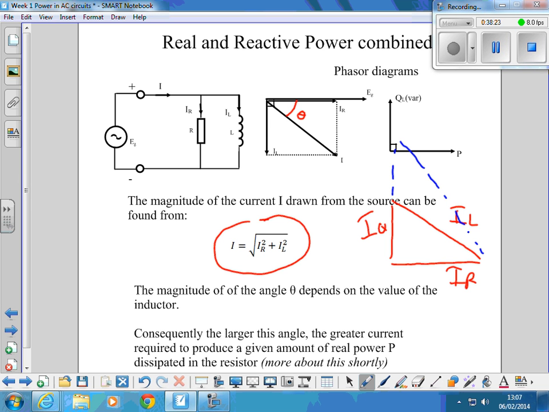The voltage doesn't change. Yeah. So we still get the same amount of real power dissipated, the same amount of heat out of it. It's going to cost us more in current, which has implications, and we're going to have more about that shortly. Yeah, it's cost implications, certainly does.